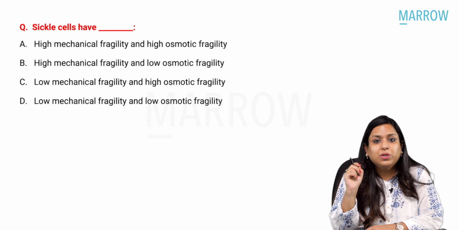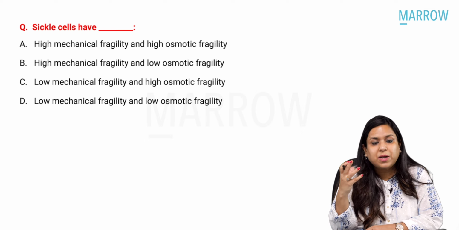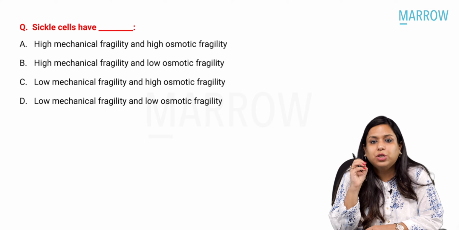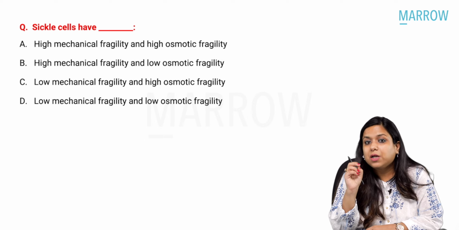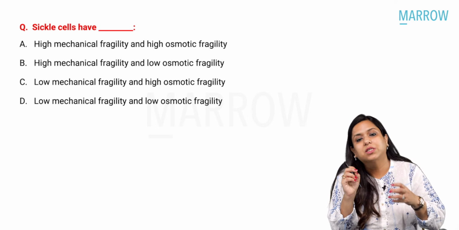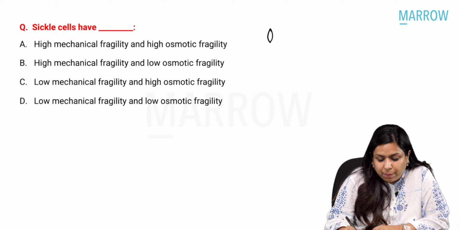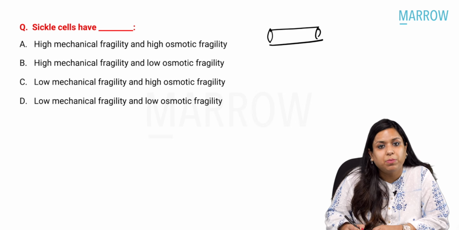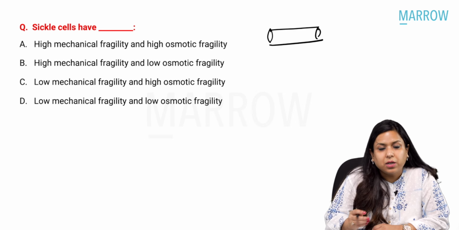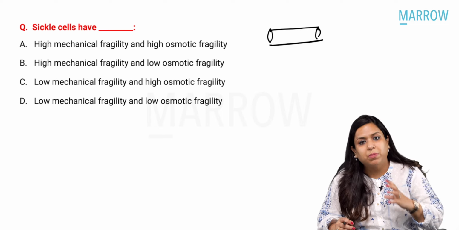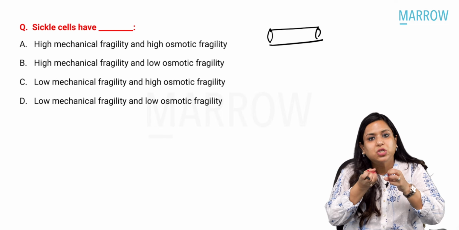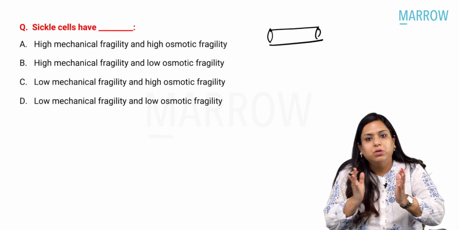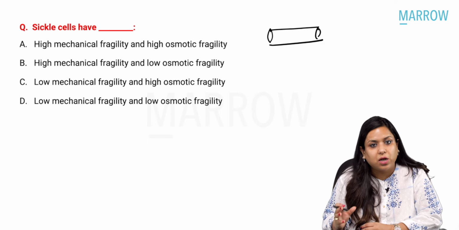Now, first imagine whether sickle cells have high mechanical fragility or low mechanical fragility. What is the shape of RBC, students? RBCs are biconcave disc-like structures. Why are they biconcave? Because see, this is a blood vessel, right? The RBC has to pass through the blood vessel. RBCs are biconcave because they can modify their shape according to the area through which they are going.